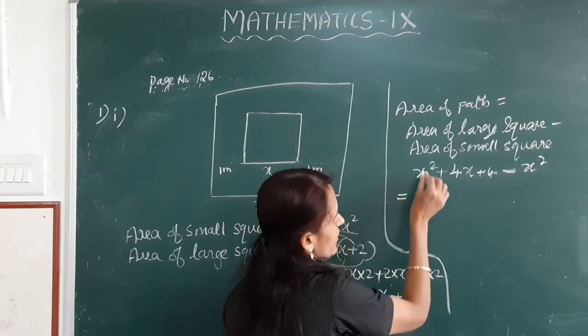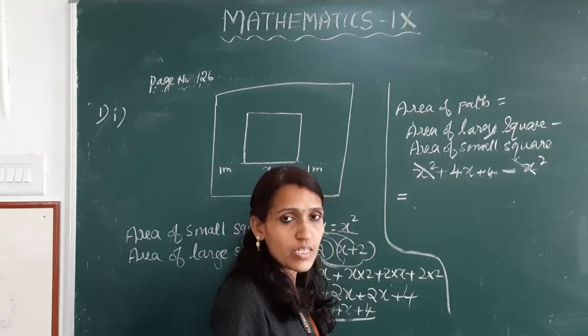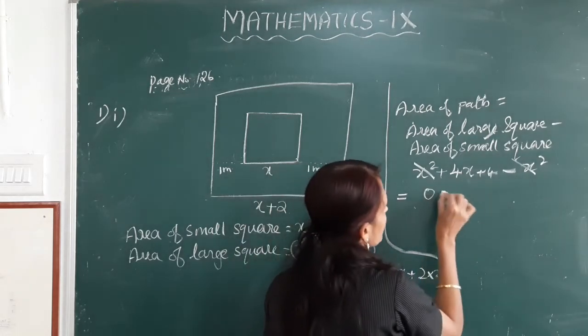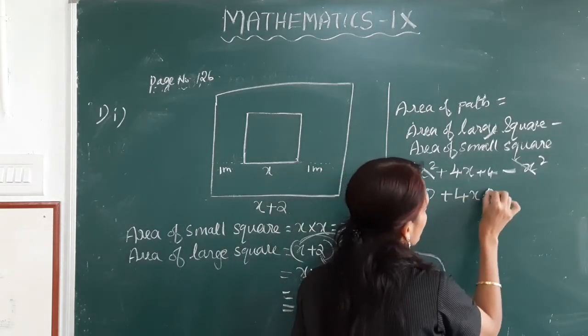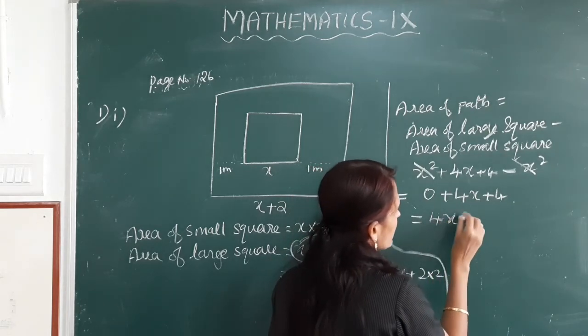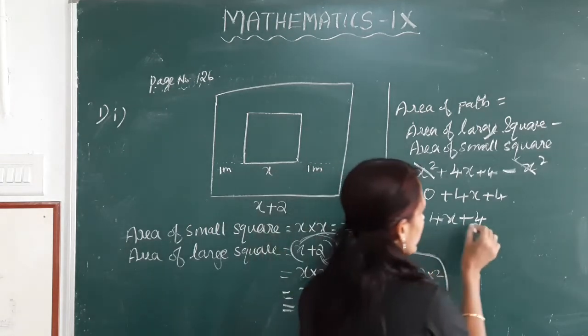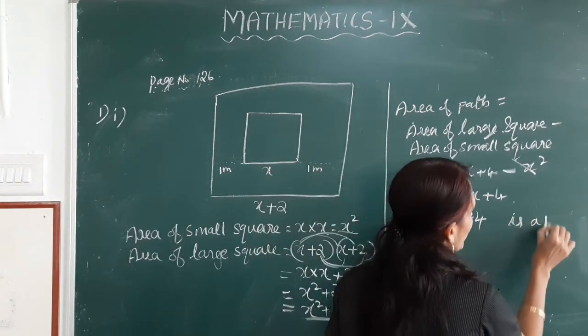This is equal to x square minus x square. These two terms sum to 0, plus 4x plus 4. This is equal to 4x plus 4. 4x plus 4 is a polynomial.